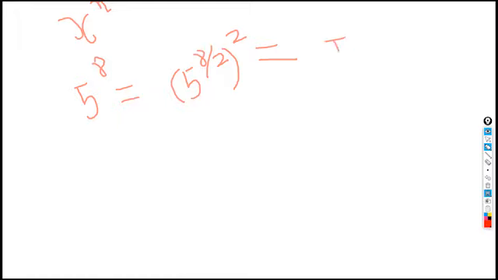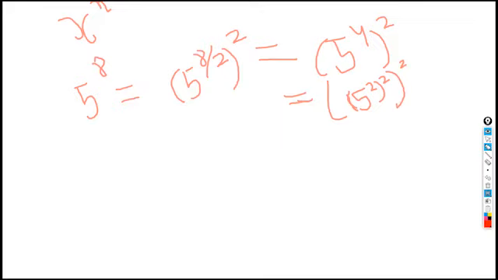So this will yield 5 to the power 4 and then the square of this. Now we can further reduce this to 5 to the power 2 whole square, and then again the whole square of this. We have just replaced 5 to the power 4 with 5 to the power 2 and then the square of that.